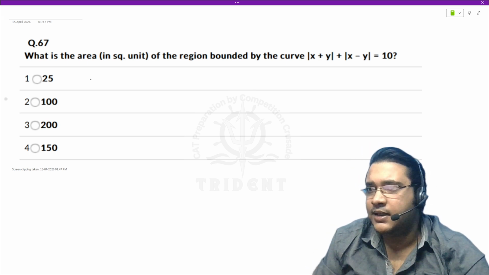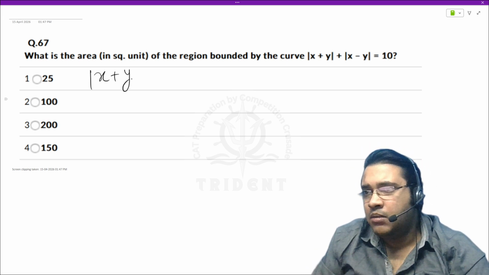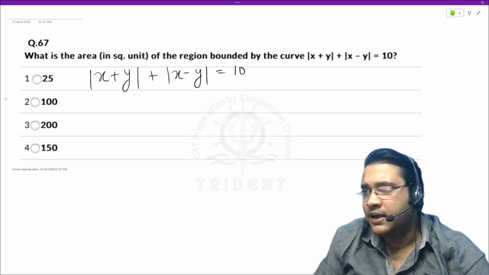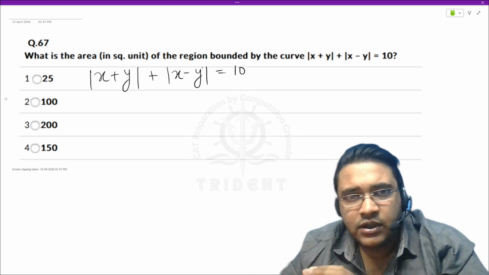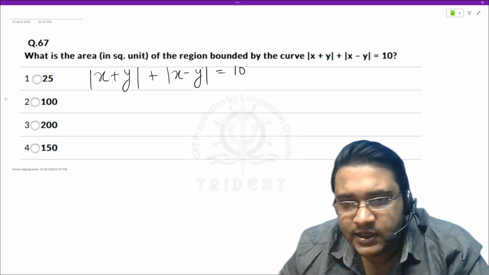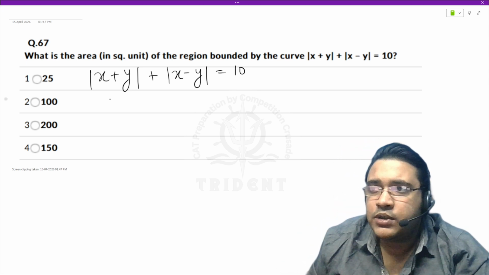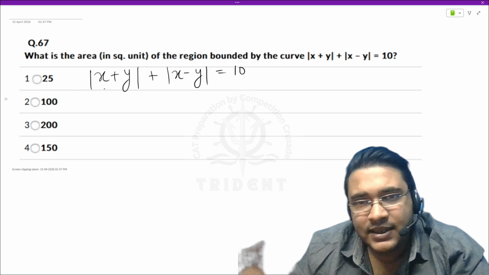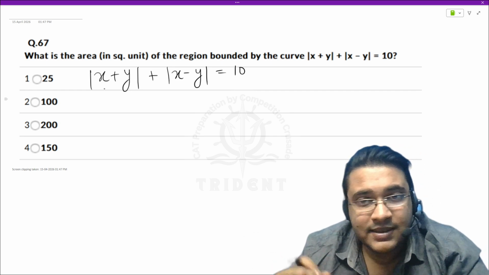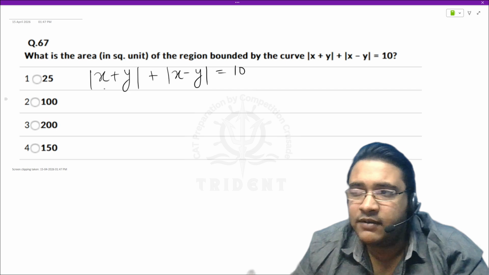So what are they asking? Mod of x plus y plus mod of x minus y is equal to 10. Without getting too much into the details, because this is a problem solving session, there are only two possibilities for any number inside a modulus: it could be a positive number or a negative number.